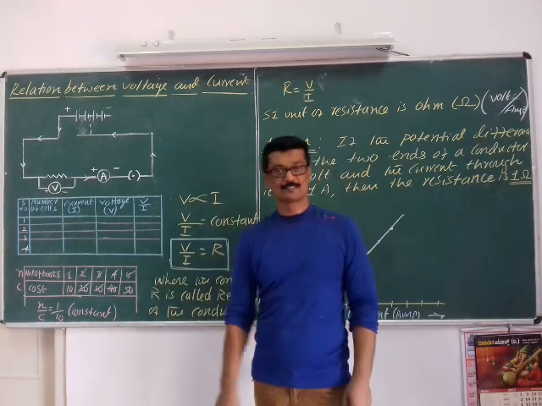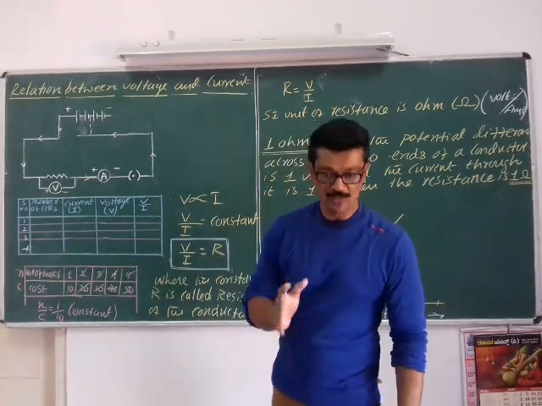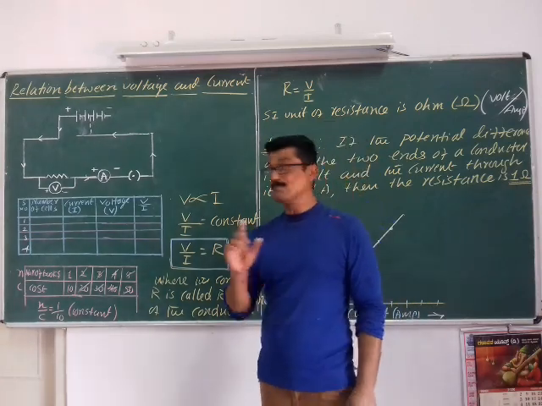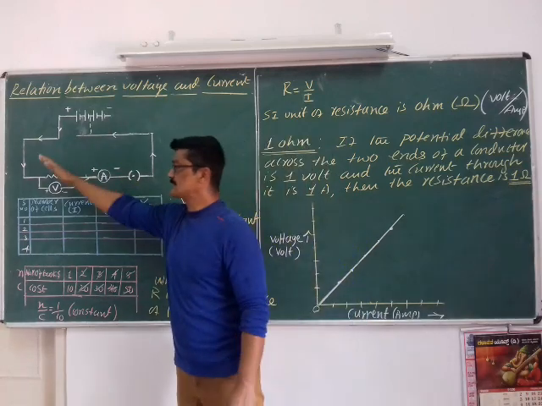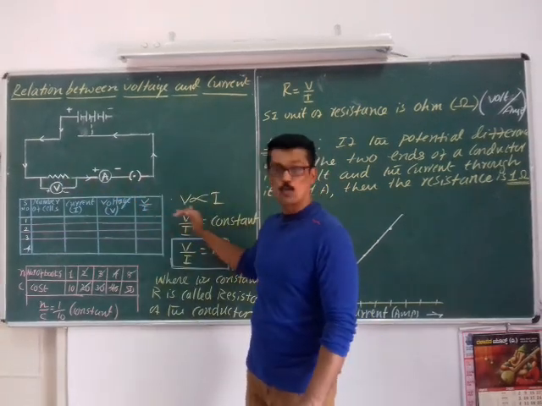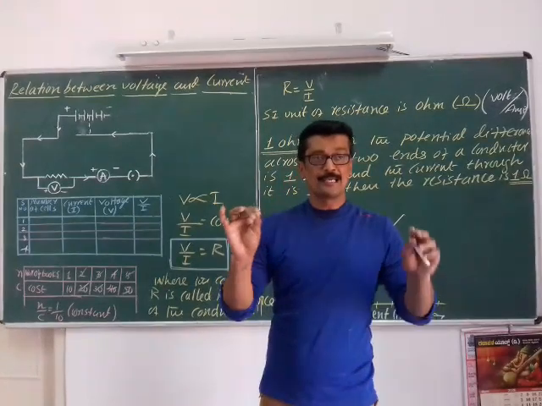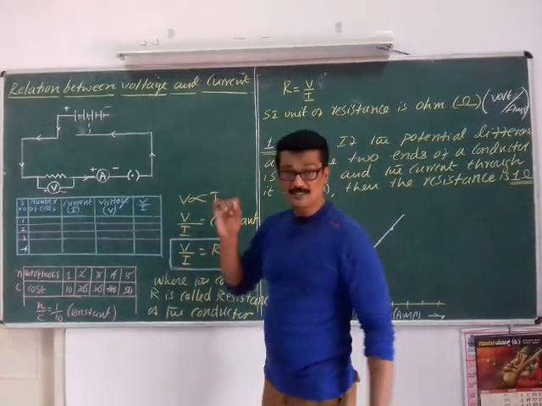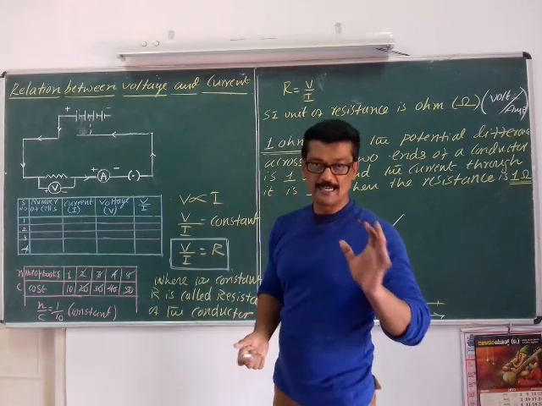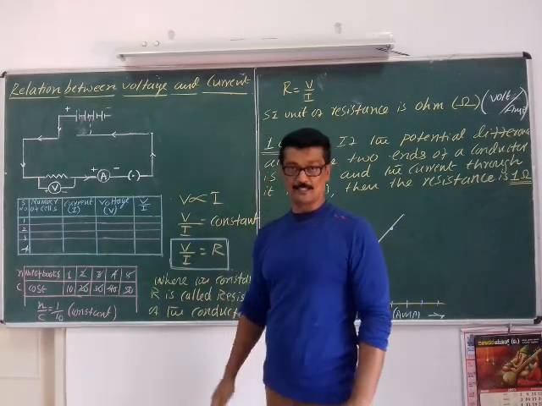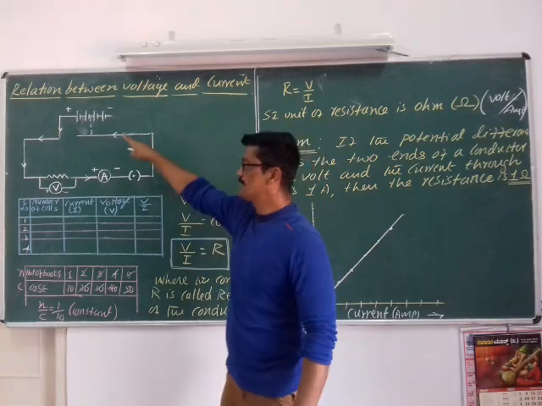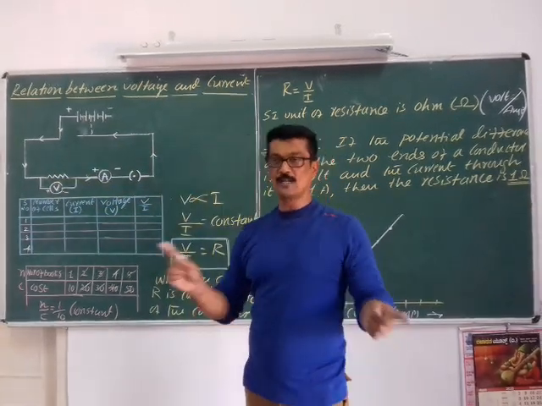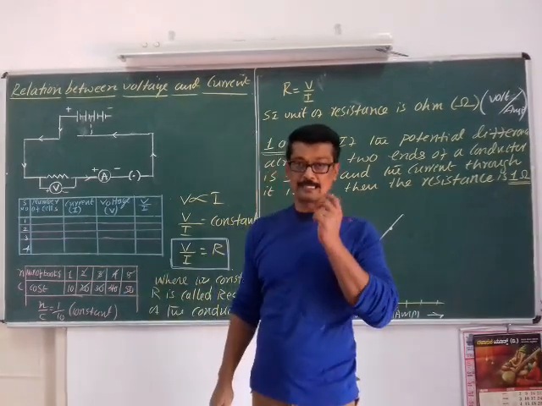This itself is what is called Ohm's law. It states that at constant temperature, we need to maintain constant temperature. By comparing two quantities, we need to keep other variables constant. So Ohm's law states, at constant temperature, current flowing through a conductor is directly proportional to the potential difference across the conductor.